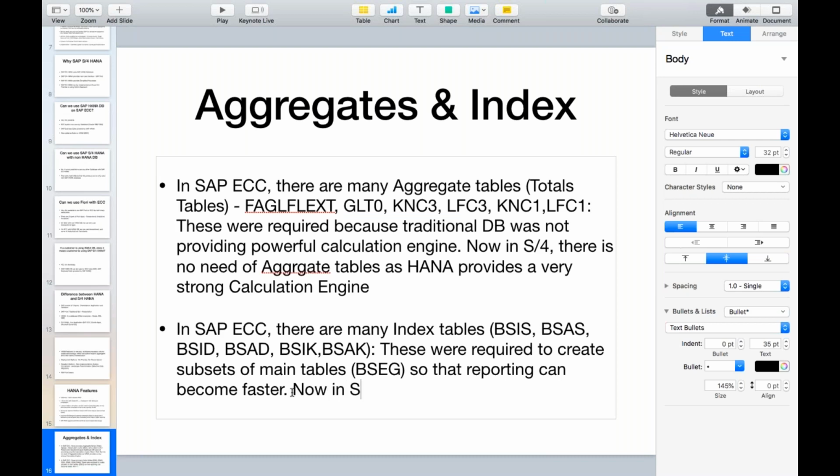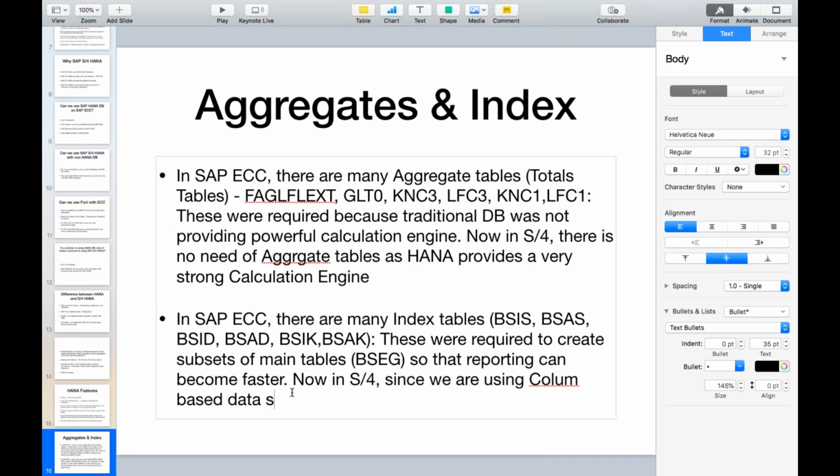Now in S/4, since we are using column-based data storage, there is no need of indexes. Clear? Why is there no need of aggregates? Why is there no need of indexes? No need of aggregates because of HANA's powerful calculation engine. No need of indexes because of column-based data storage.